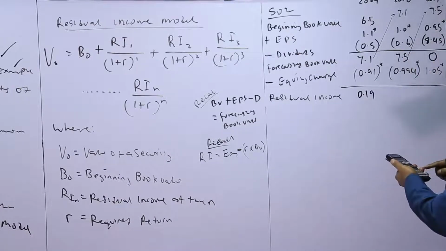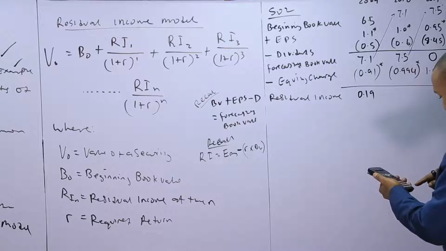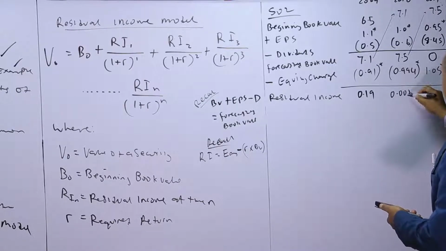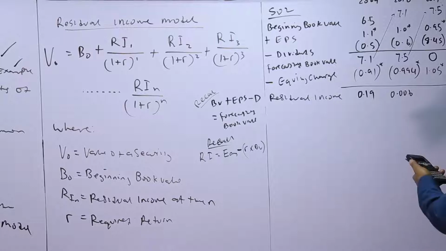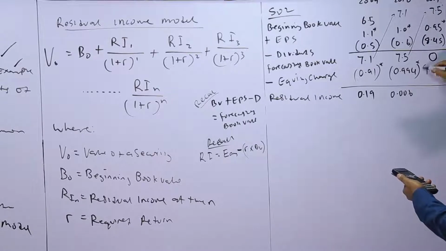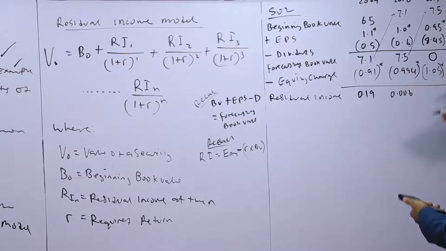Then we have 1 minus 0.994, 0.006. Finally, 0.95 minus 1.05, minus 0.1, like that.